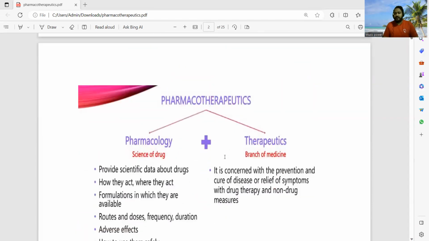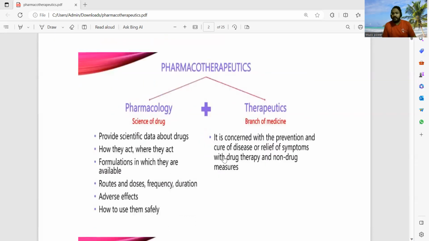So this is the introduction part. What is pharmacotherapeutics? Pharmacon means drugs and therapy means the way of treatment. There are many popular therapies available in India like Ayurvedic, homeopathy, Siddha, Unani, and physiotherapy. There are a lot of therapies available in India for the treatment of various diseases.